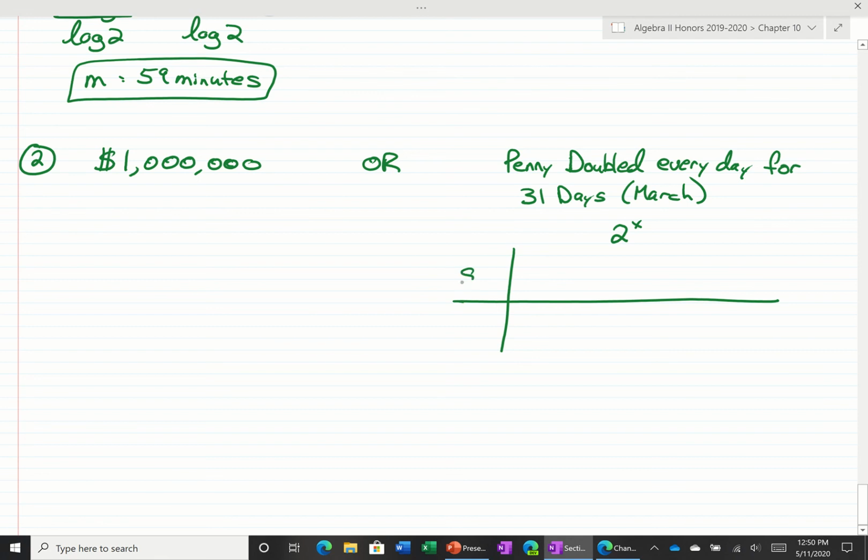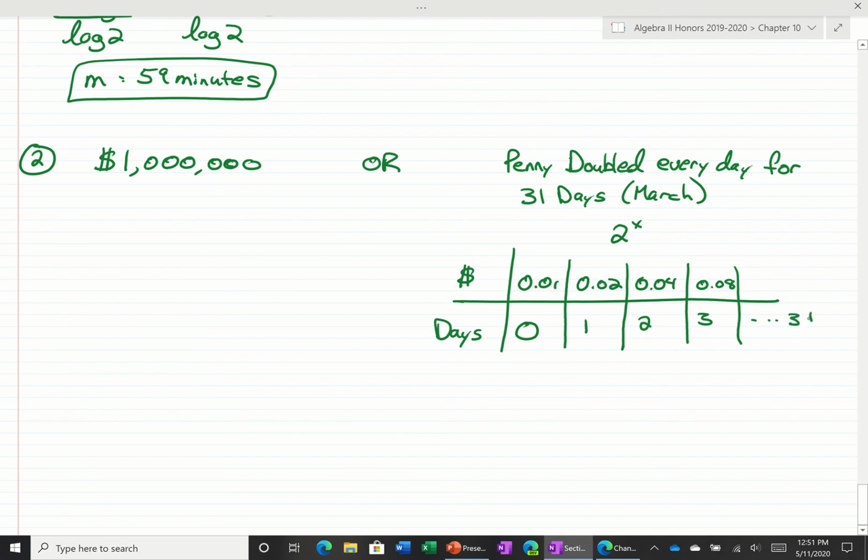I'm going to have the amount of money on top, and the number of days on the bottom. On the very first day, after 0 days, we have a penny. Well, 1 day goes by and it doubles. 2 days go by and it doubles. And this happens for 31 days.